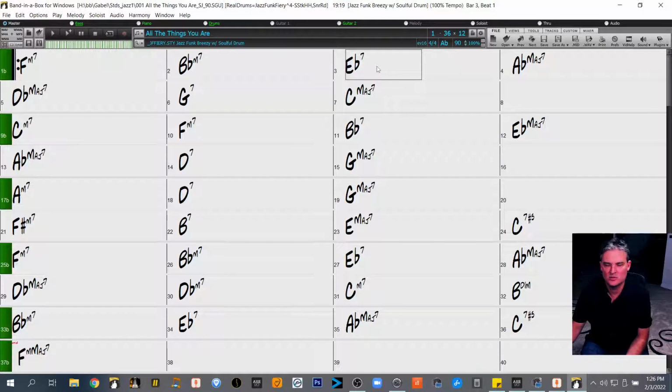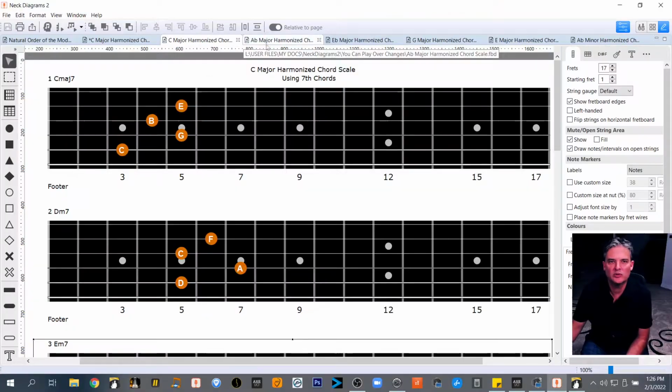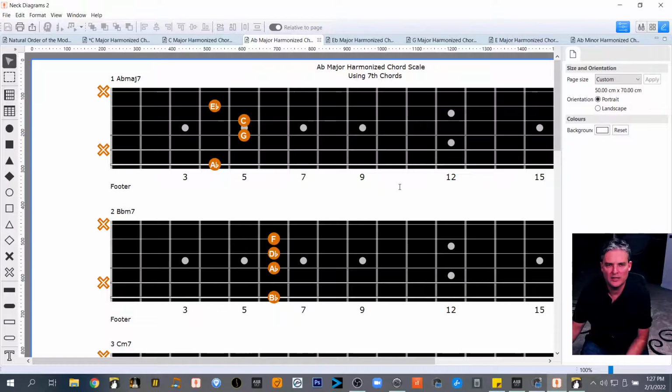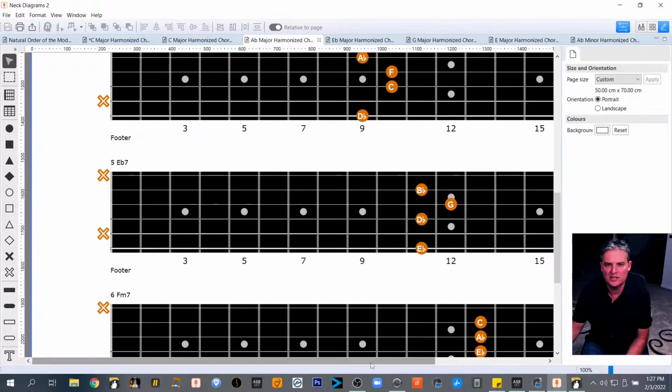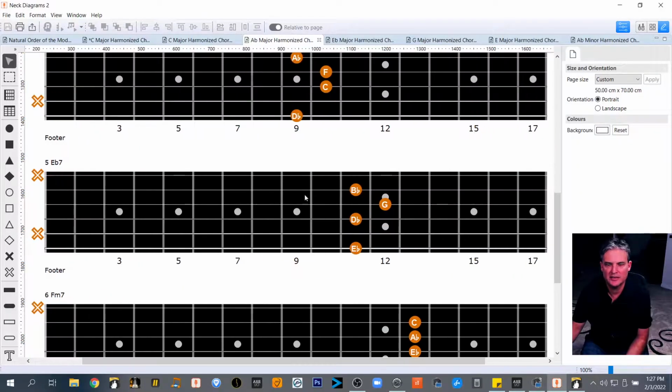There are things such as secondary dominants, and we'll talk about that. But most of the dominant chords, generally speaking, are going to be functioning primary dominant chords, and they'll be the fifth chord in the harmonized scale. So, for example, if we pull up the key of A flat major, the 5 chord is E flat 7 right here.